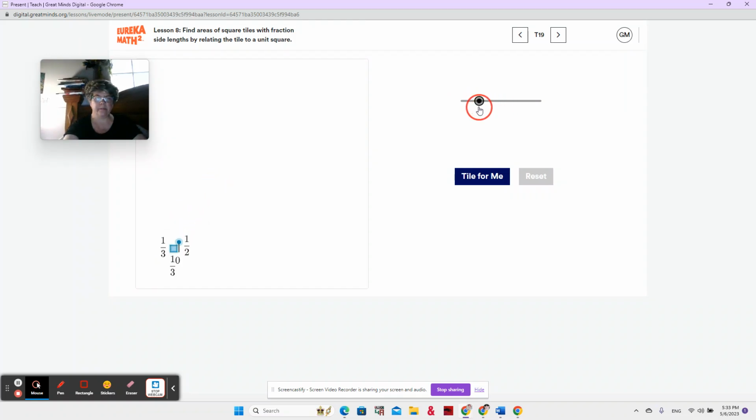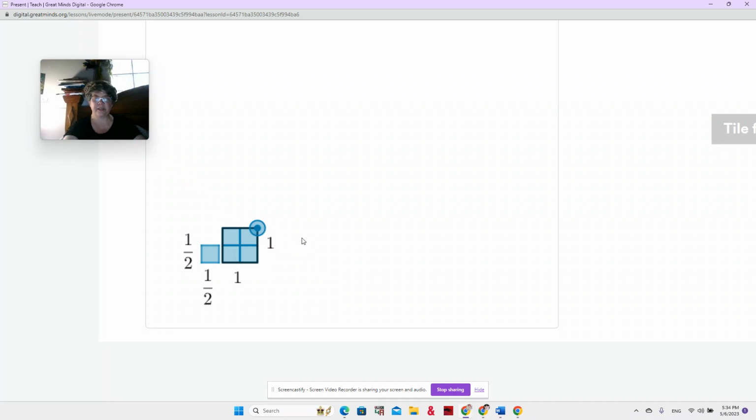There we go. Okay, so 1/2, right? Sometimes these things aren't as easy as they look like they would be, right? And when we tile it, we can see that 4 tiles fit on there.